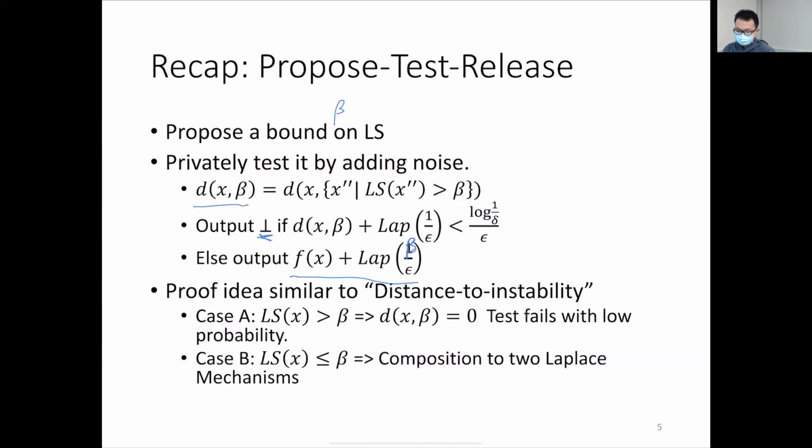And then this means that our test will only fail with probability delta. On the other hand, we do not have this d of x prime beta also equal to 0, right?